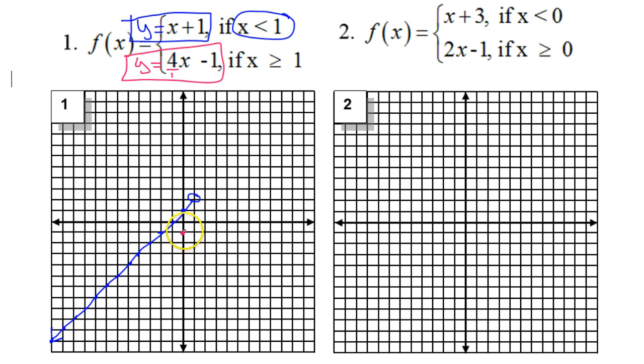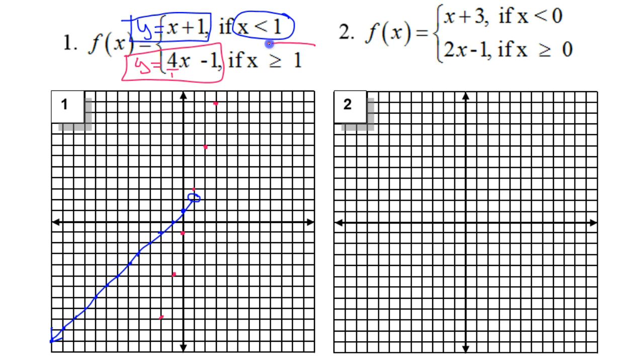So I'm going to go up 4 over 1, up 4 over 1, up 4 over 1. And I could put additional points to the left by going down 4, back 1, down 4, back 1. All right, so these pink dots show me where the line y equals 4x minus 1 is.